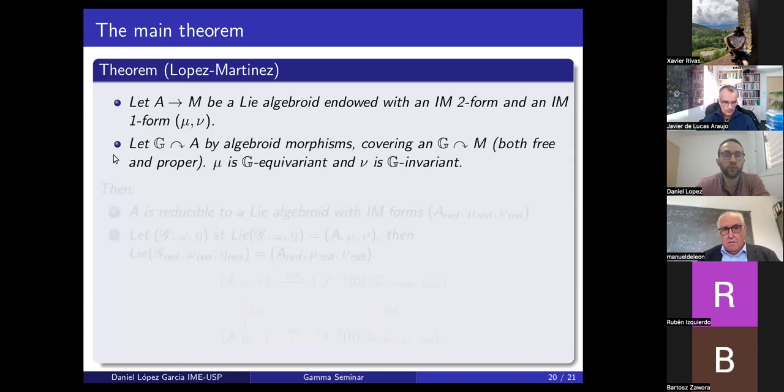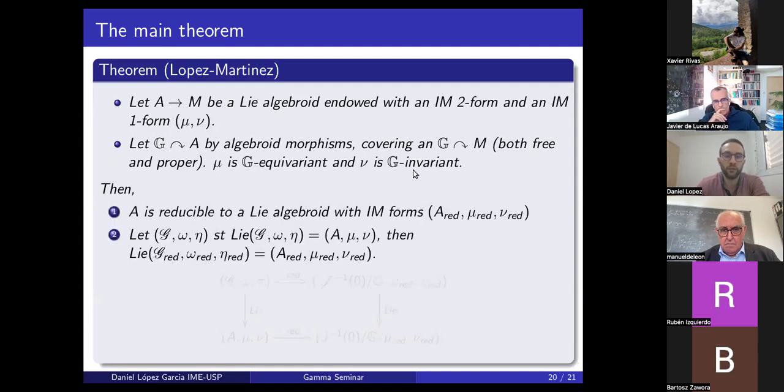Now let me suppose that there is a Lie group acting on A by algebroid morphisms, covering an action on the base N. Let me suppose that both are free and proper. Let's suppose that mu is J-equivariant and nu is J-invariant. Then it is possible to reduce A to a Lie algebroid A red with these IM forms mu red and nu red. They also satisfy these equations 1, 2, 3.